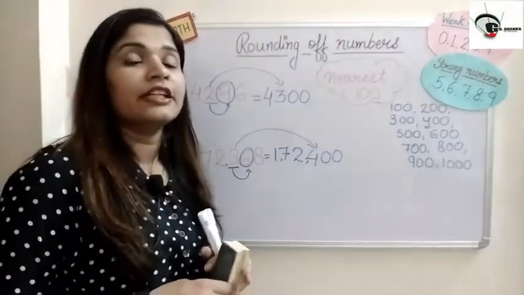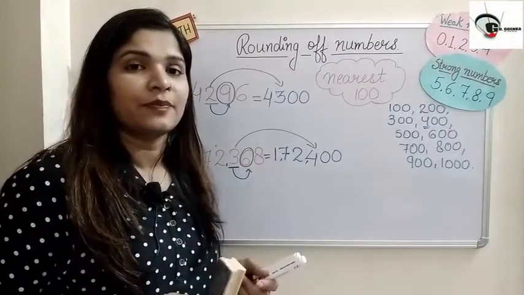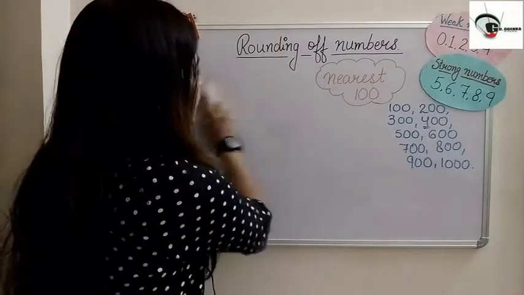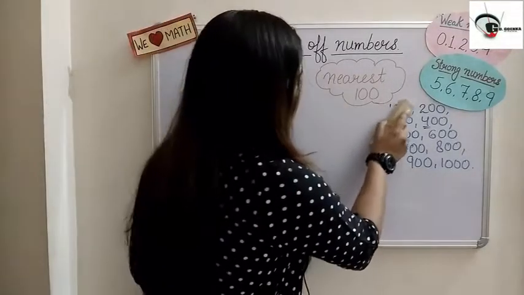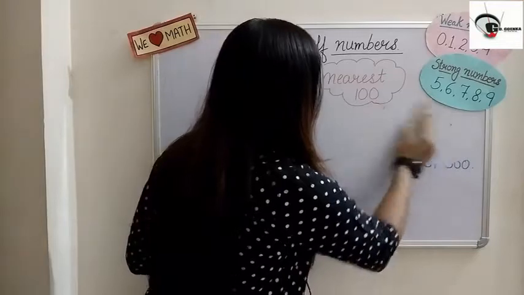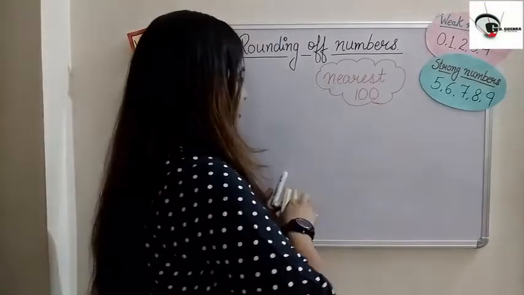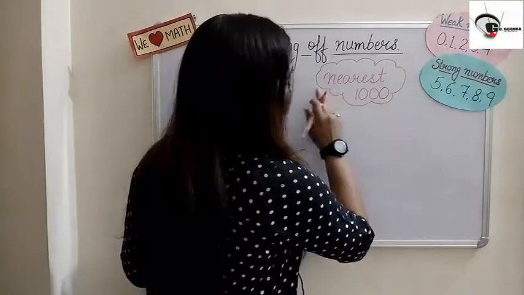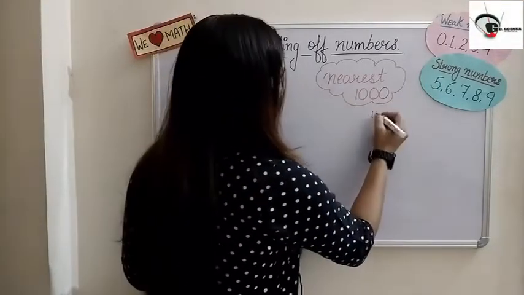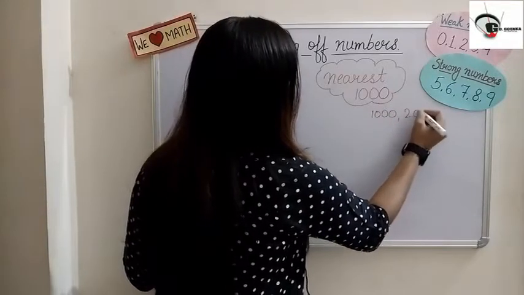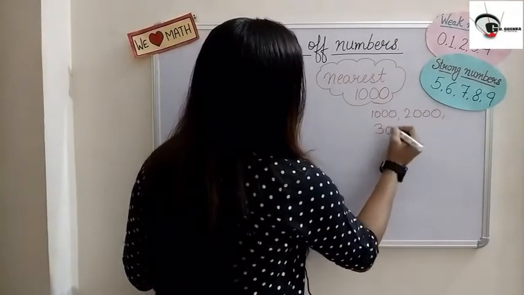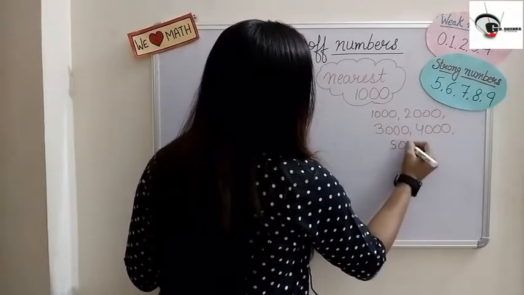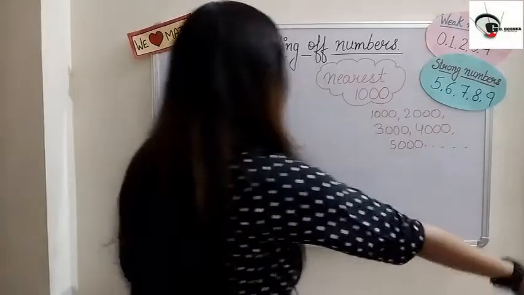Now let us cover the nearest 1000 as well. The similar concept will apply here as well. As we are doing to the nearest 1000, we have to see the multiples of 1000, that are 1000, 2000, 3000, 4000, 5000 and so on.